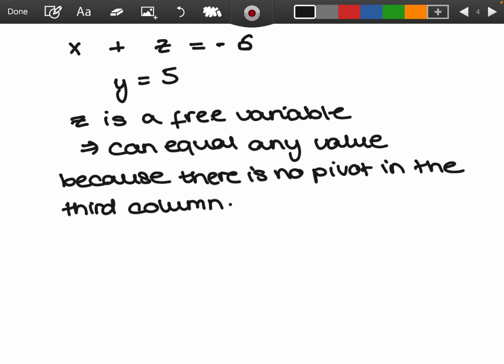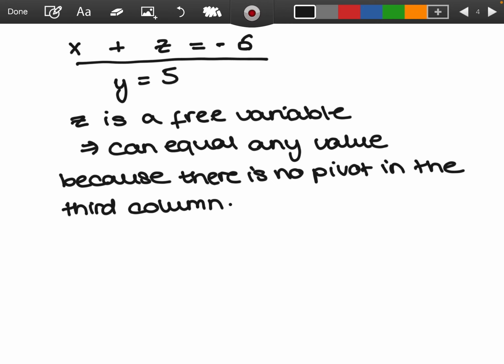Because we know that there are solutions, it's just that there are infinitely many. What I would do is any variable that you have that depends on the free variable, I would write it in terms of that free variable. So if we look at this top equation here, I have x plus z is equal to -6.